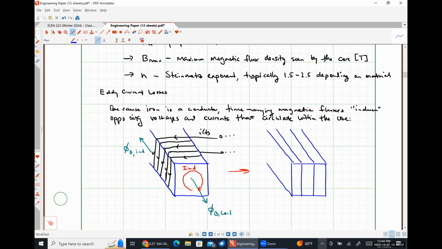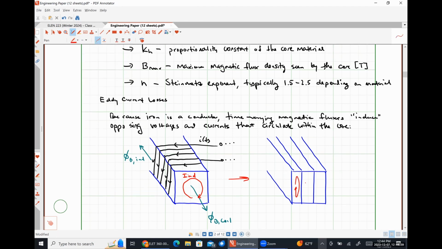And we separate these regions of core material by very, very thin insulator materials, I'm talking tenths or hundredths of a millimeter thick, so that our eddy currents can only flow around these smaller paths, and therefore they heat the material up less. So the thinner the laminations that we can get, the fewer eddy currents that we're going to see.